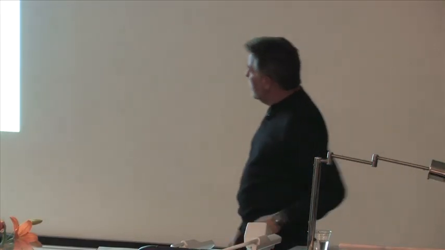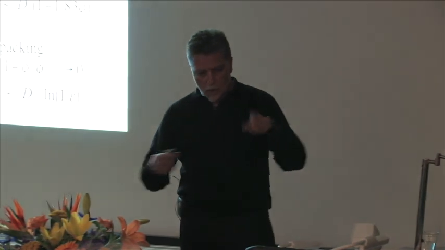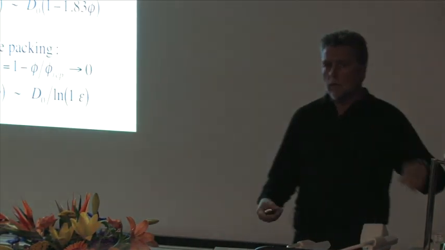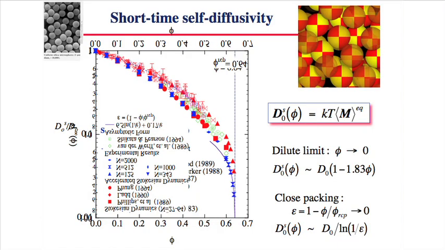For those that paid attention before, that curve looks like the inverse of the viscosity curve that I showed you before. There's an interrelationship between the high frequency dynamic viscosity and the short-time self-diffusivity. They're not exactly the same, but for government work, they're the same thing, okay?